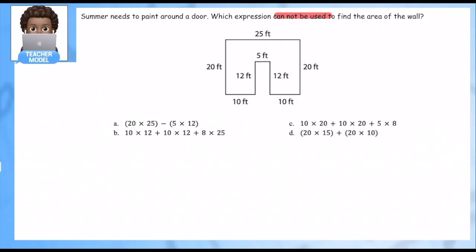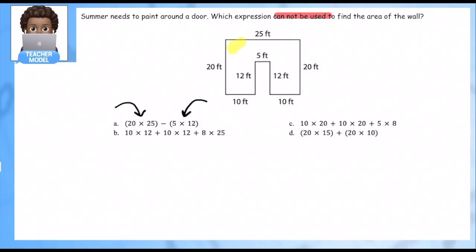So for this first one, the first part is 20 times 25 minus 5 times 12. Where are they getting 20 by 25? It sounds like they're doing this whole thing, this total area, minus 5 times 12. So would this be a valid way for finding the area?